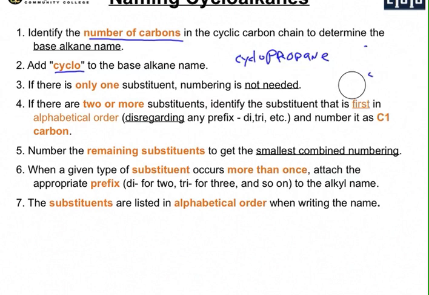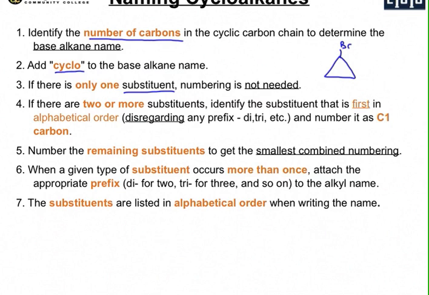Now, the third rule is when we introduce the idea of a substituent attached to that cyclic chain. If there's only one substituent, there's no need to be worried about any numbering for that. So again, if we took propane and we put a bromine on it, this would just be bromocyclopropane.